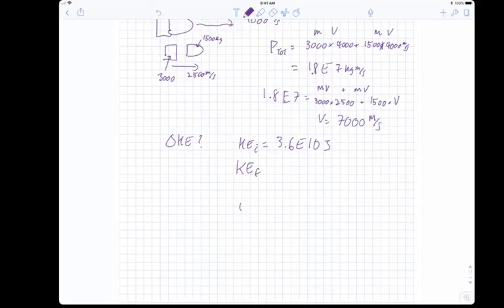KE final is equal to 7,000 times 7,000 times 1,500 divided by 2 plus 2,500 times 2,500 times 3,000 divided by 2. 4.61 E10 joules. Change in kinetic energy is 1.01 E10 joules. Wow, such a big explosion.